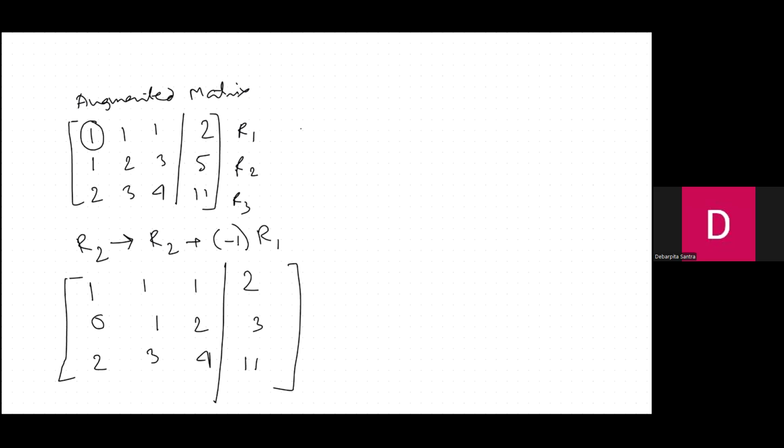So we have to make the third value, 2, into 0. The operation is R3 equal to R3 plus minus 2 into R1. If I add 2 plus minus 2, that will be 0. Instead of writing it in the simpler way, we write it in a way that is allowed.